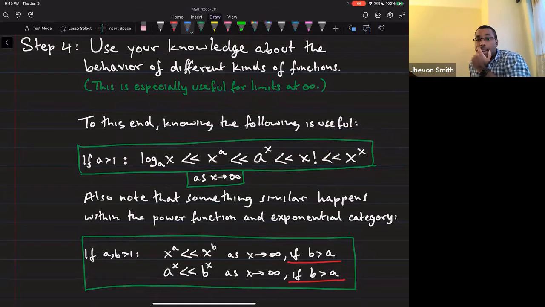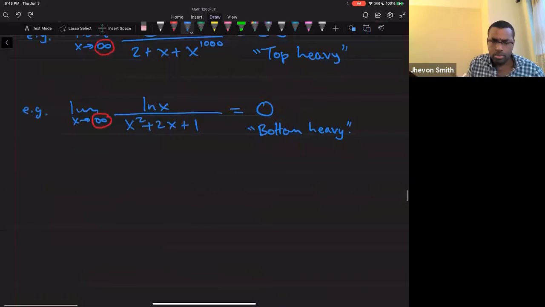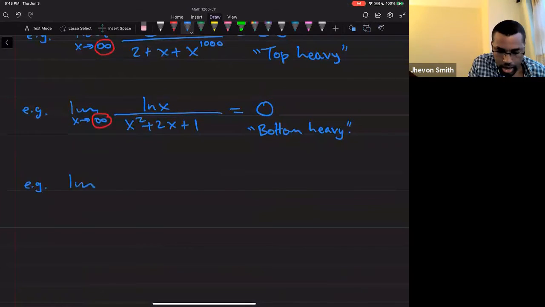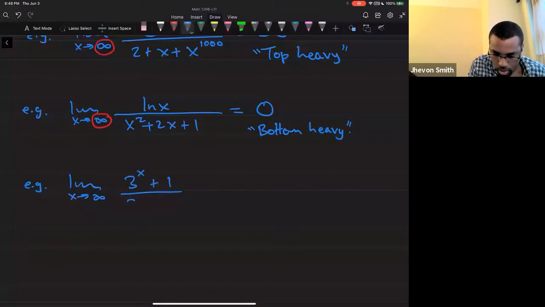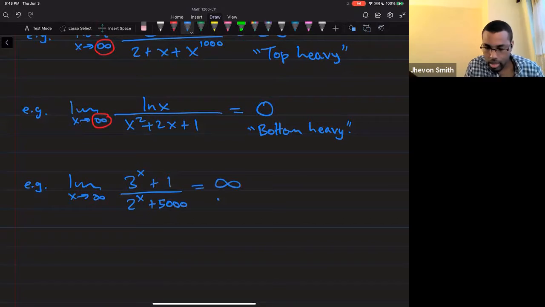Yeah, so just knowing how these guys relate to each other. And as I mentioned, within each category, like for the exponential, if I have 3 to the x plus 1 over 2 to the x plus 5,000, this still goes off to infinity because it's top heavy.